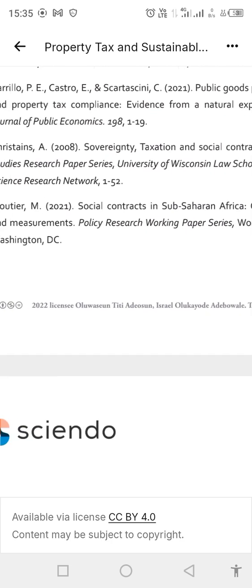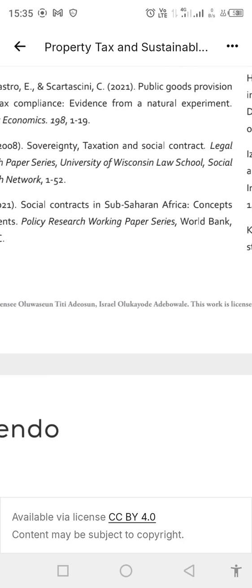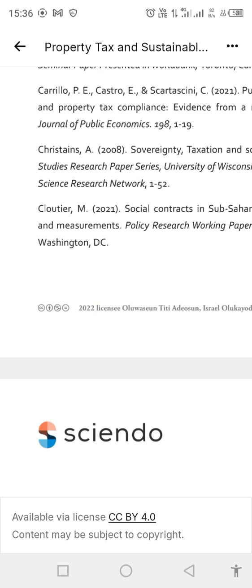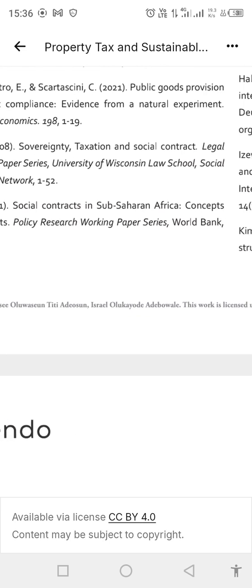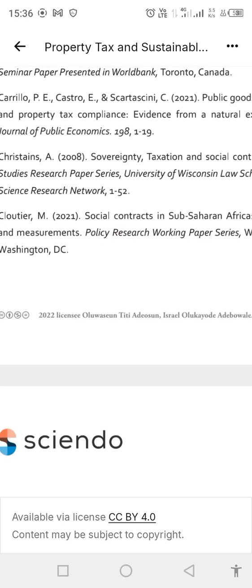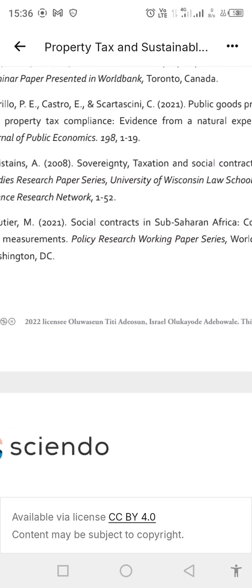For this case, after the title, we have Policy Research Working Paper Series that is being published by World Bank in Washington, D.C. That's the reason why you can see here, Policy Research Working Paper Series is italicized. As we can see, we do not italicize World Bank and Washington.